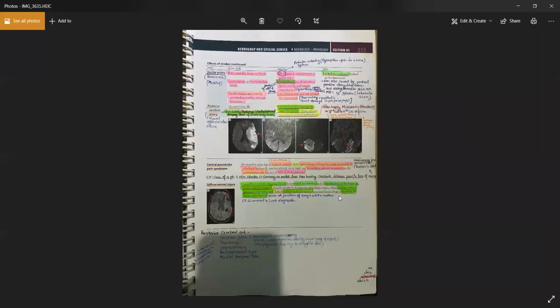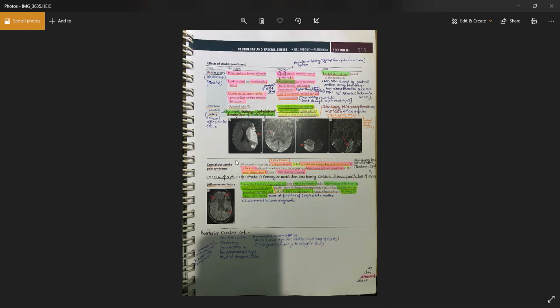They can ask you about the artery name, what artery can do that. They can ask you about the symptom, or they can give you a symptom and multiple MRIs, and ask which MRI corresponds to that symptom, right? So you need to be able to identify the MRI. Are we good? Yes.